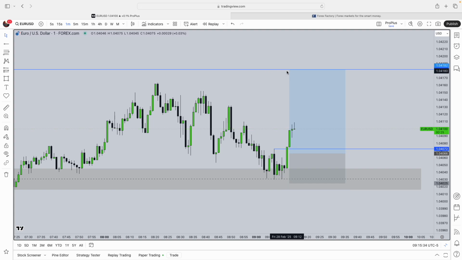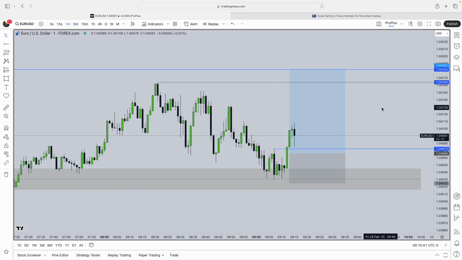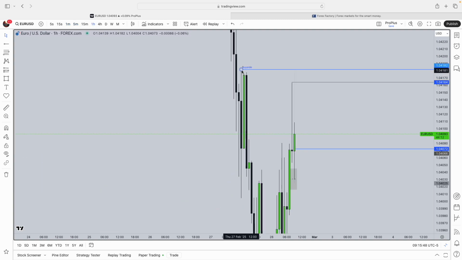And first target would be, you could say here, so 164, or you can do 182, which would be, if you look on the hour, that buy side there, which I still think price wants to draw to.